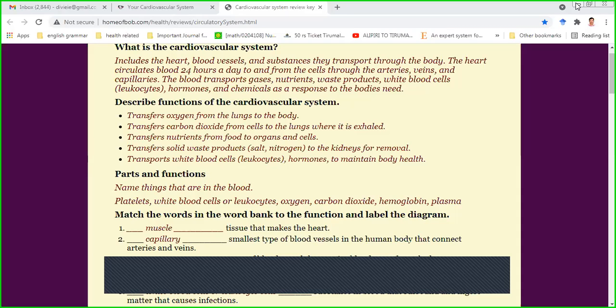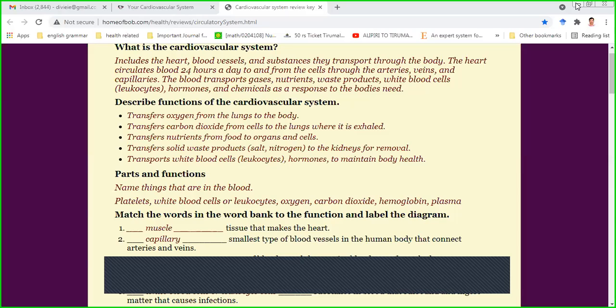From the head and arms, the blood first fills into the right atrium in this direction.